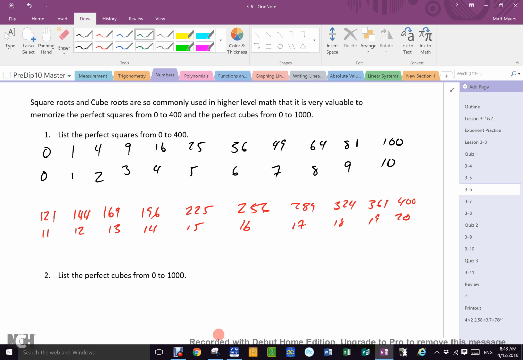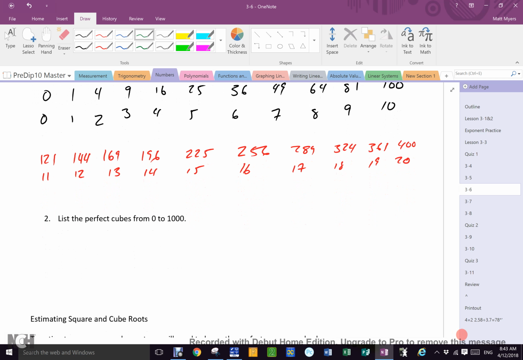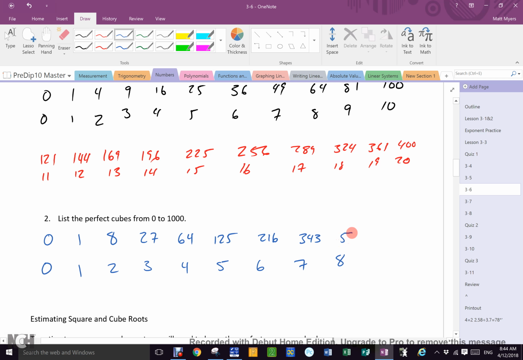Okay? I'm going to give you a third thing to memorize today as well. List the perfect cubes. Same deal. 0 cubed is 0. 1 cubed is 1. 2 cubed is 8. 3 cubed is 27. 4 cubed is 64. 5 cubed is 125. 6 cubed is 216. 7 cubed is 343. 8 cubed is 512. 9 cubed is 729.